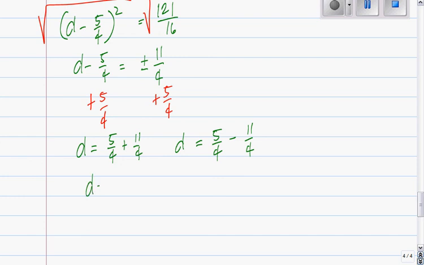Simplify that. d equals 16 over 4, which is equal to 4, and d equals negative 6 over 4, simplest form, negative 3 halves. That's it.